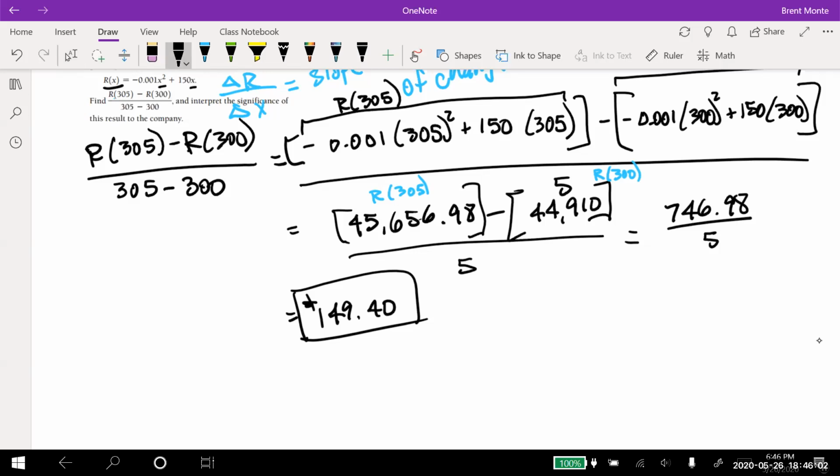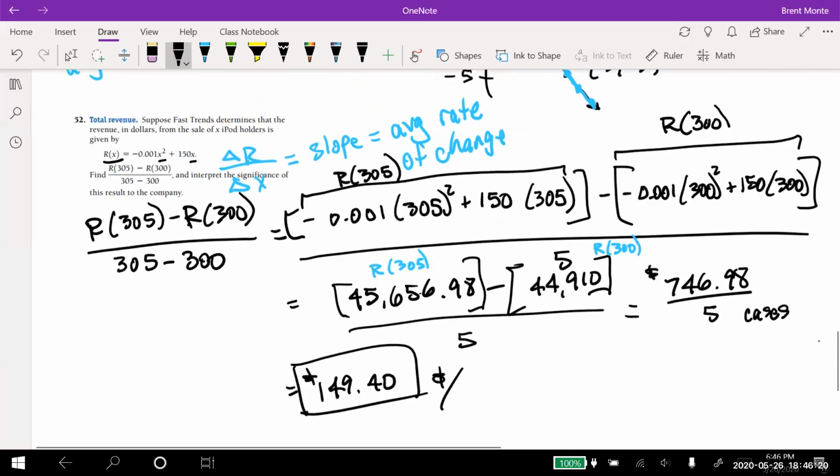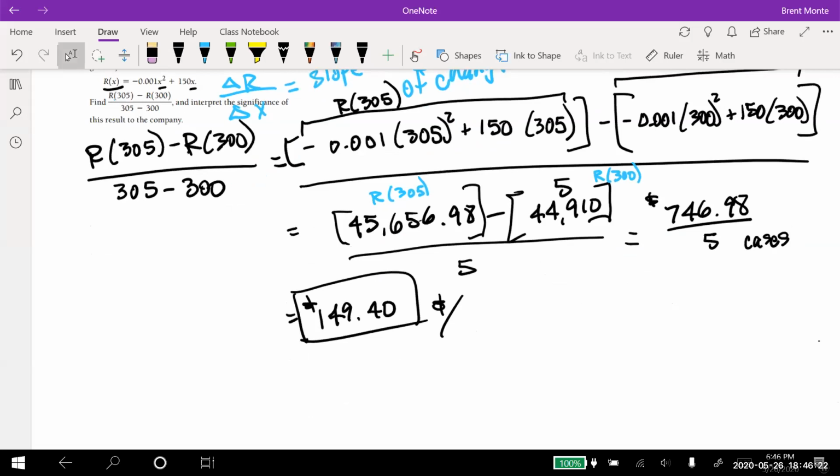Now remember, that top number represented the revenue. That's in dollars. That's why this is in dollars. The bottom was 5 holders. They called them iPod holders. So let's not call it a case. We'll call it a holder.